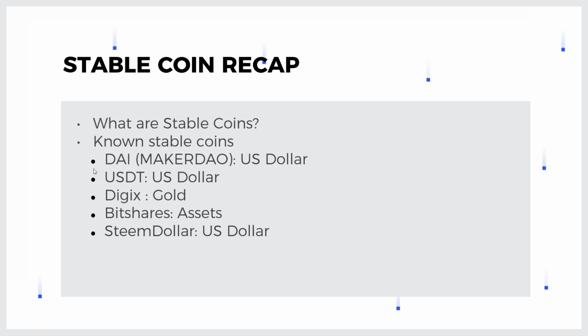You also mentioned that the whole point of a stablecoin is that it's pegged to a certain value, not necessarily the dollar. We see that DGX is pegged to gold. We also see that BitShares is pegged to assets, and these include crypto assets as well. Could you just explain in a few words why you would need to peg?